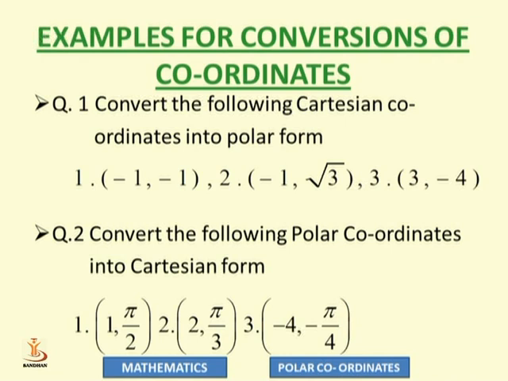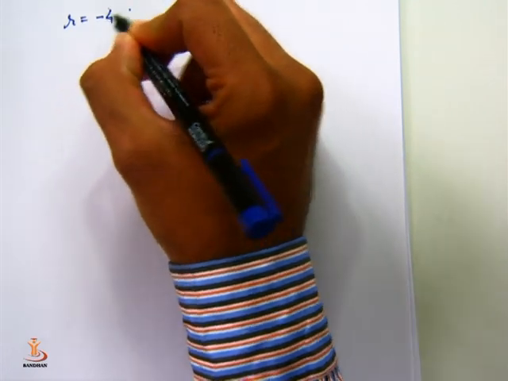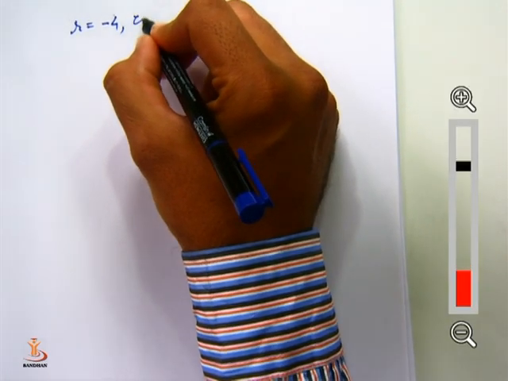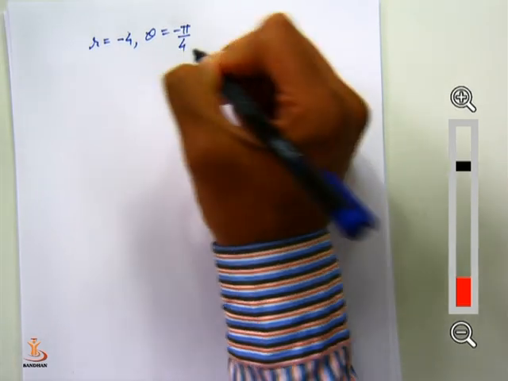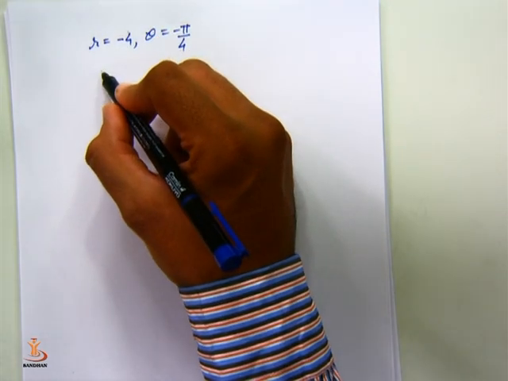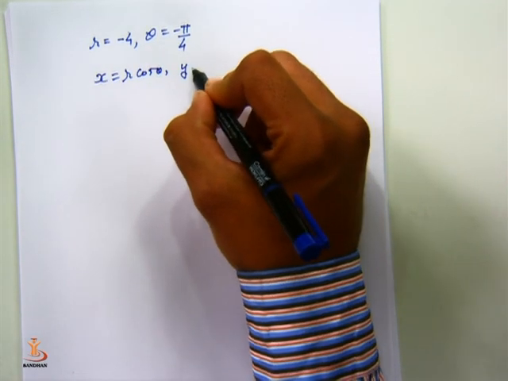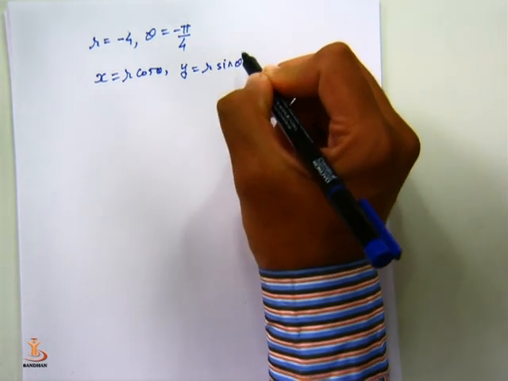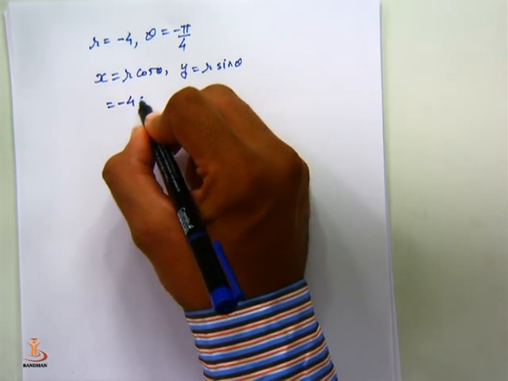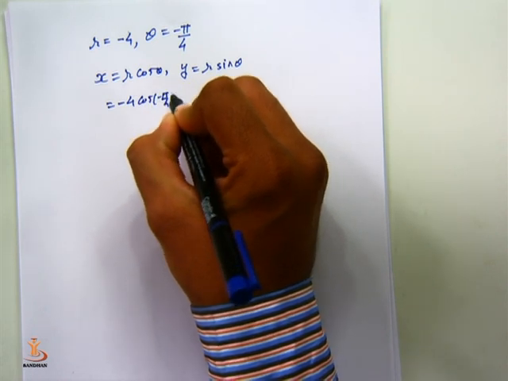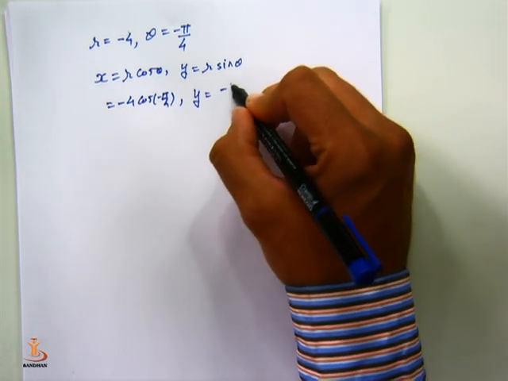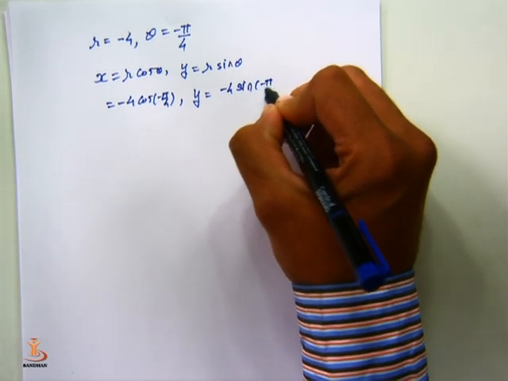Right? Likewise, we can take one more example with some different values. Say we have r equals minus 4 and theta equals minus pi by 4. So let us use the relation x equals r cos theta, y equals r sine theta. Again put in the values which we are given: x equals minus 4 cos of minus pi by 4 and y equals minus 4 sine of minus pi by 4.